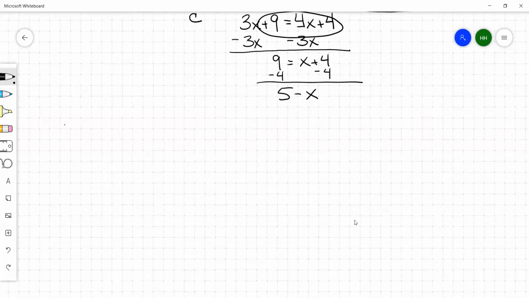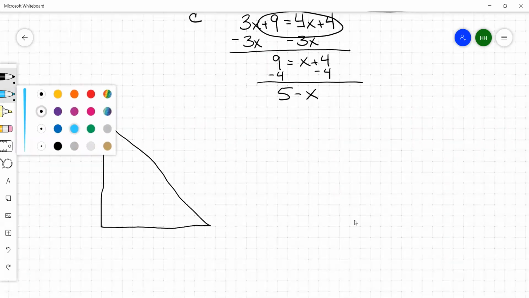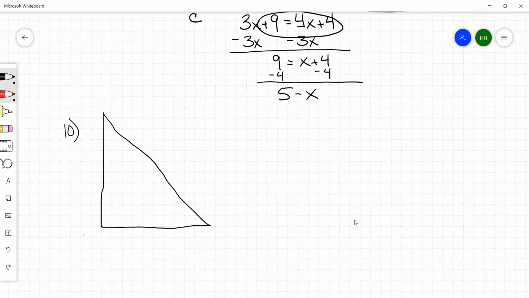Number 10. One of the acute angles in a right triangle. So a right triangle. What's the measure of that angle with the red thing in it? 90, good.